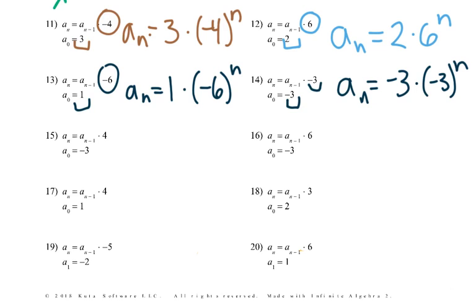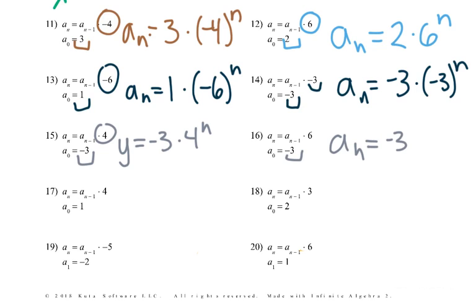Okay, number 15, if I wanted to, again, I can go y equals my start times my growth to the n. This one you can't really rearrange the start and the growth for geometric. Okay, for 16, start at negative 3 times the growth to the n power.